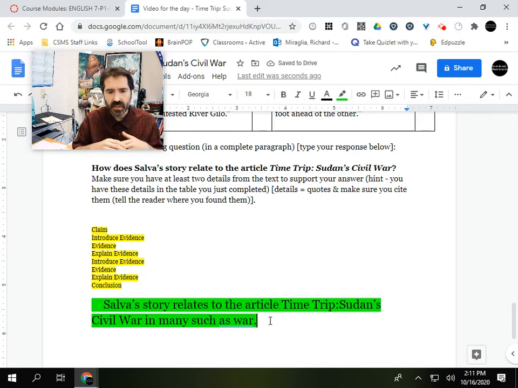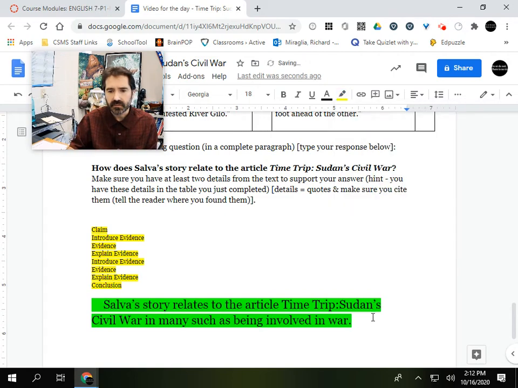So Salva's story relates to the article Time Trip Sudan Civil War in many ways, such as being involved in war. Okay, so if I do that, now I can write my next sentence.